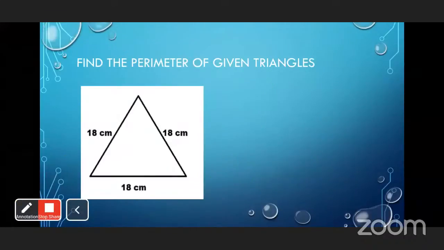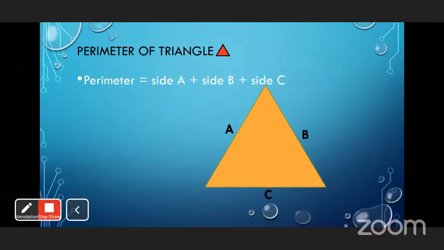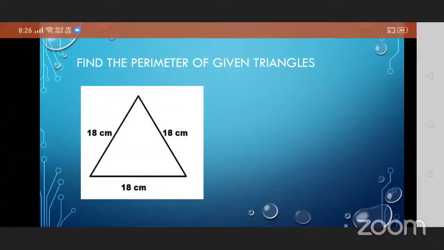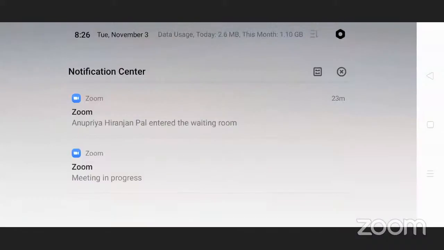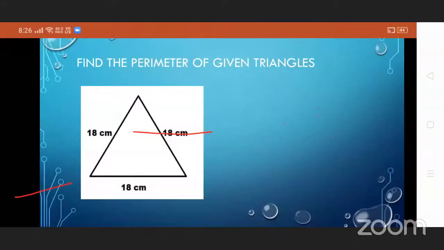Now find out the perimeter of the given triangle. Now all sides are equal, na? Yes. So let's find out. 24 centimeter, na?